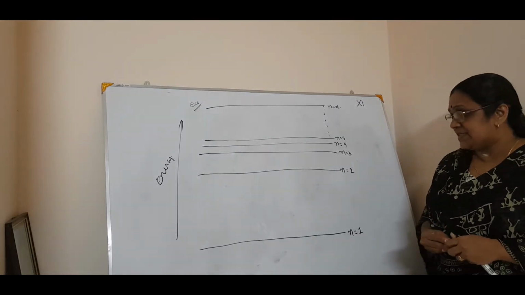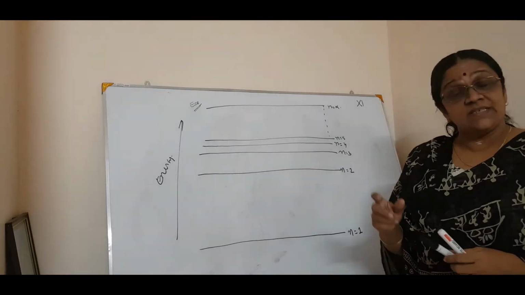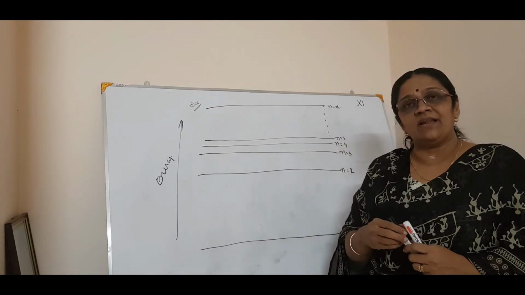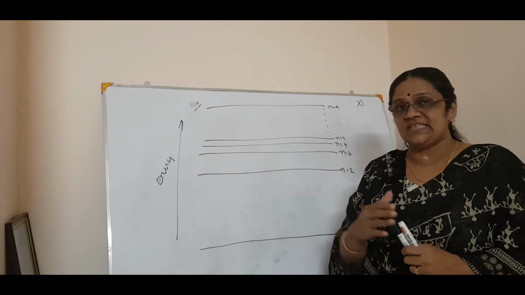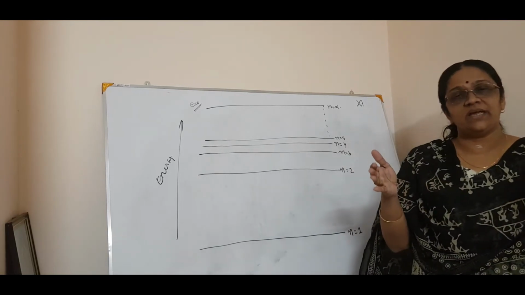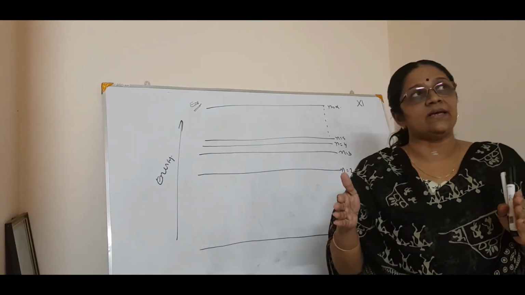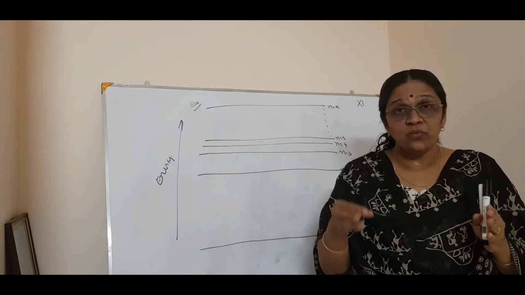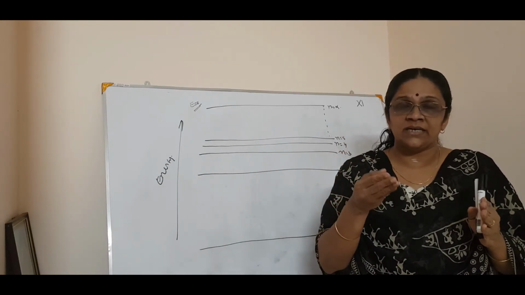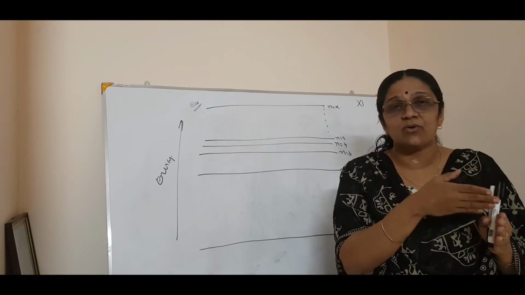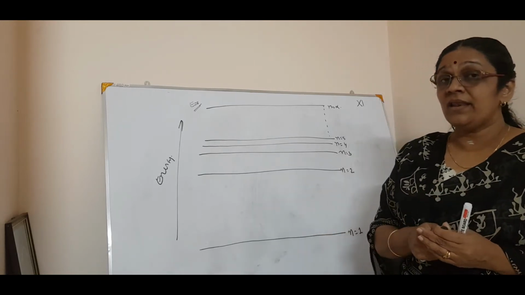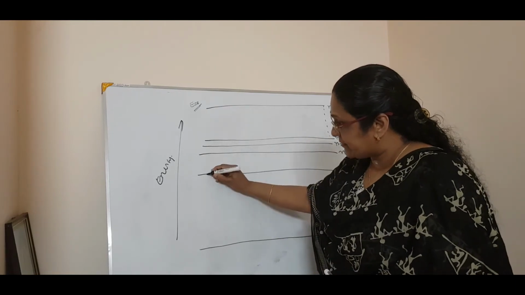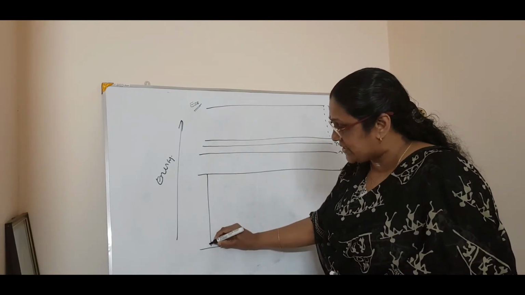Now, we said that many lines are observed in various regions of the EMR spectra, like X-ray, gamma ray, UV ray, then comes the visible, then IR, microwave, etc. In the hydrogen spectra, the first series is from n equal to 2 to n equal to 1.